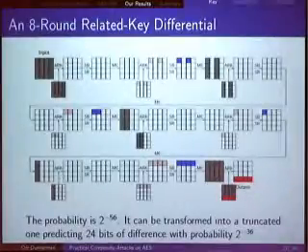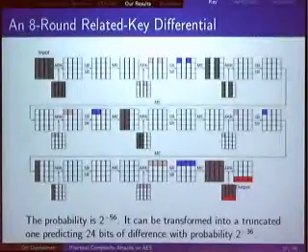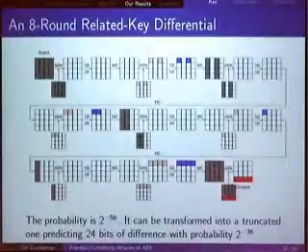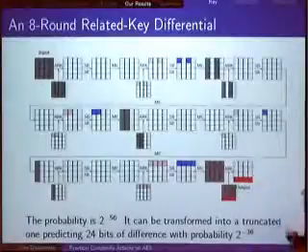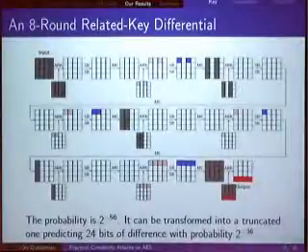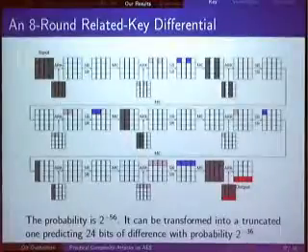And you can count the number of active Sboxes: 1, 2, 3, 4, 5, 6, 7, 8, 9 for 8 rounds. The wide trail strategy ensures that you will have at least 50 when you do only standard differential attacks. Now, in some of our attacks, we don't care what happens in these 12 bytes. This helps us a bit with the probabilities. It increases to 2 to the minus 36.